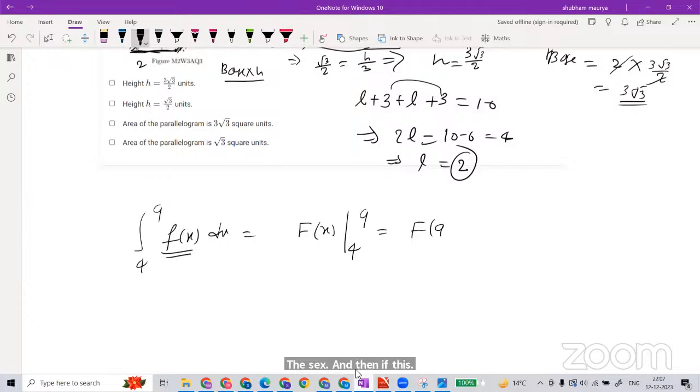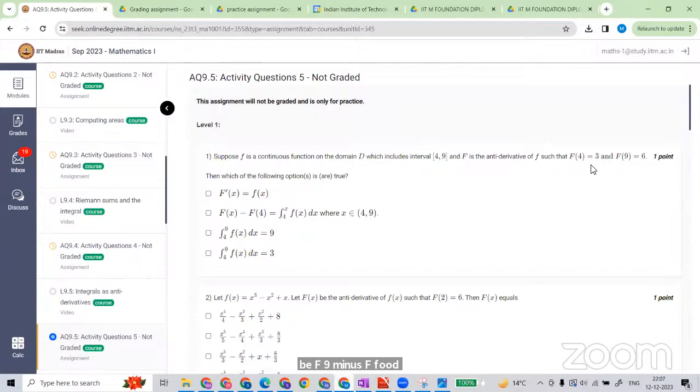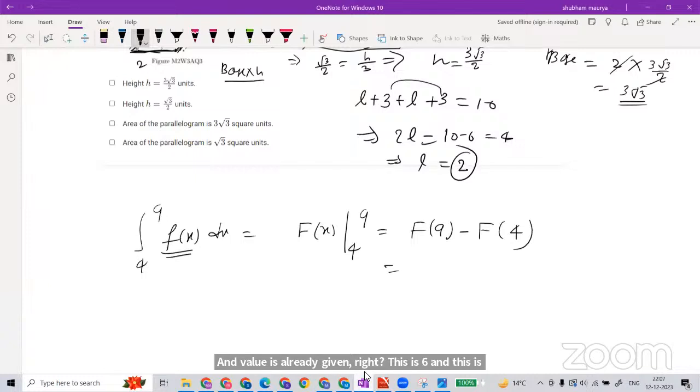Now this is going to be F(9) minus F(4), and the values are already given. This is 6 and this is 3. So this is going to be 6 minus 3, which is 3. Is this fine?